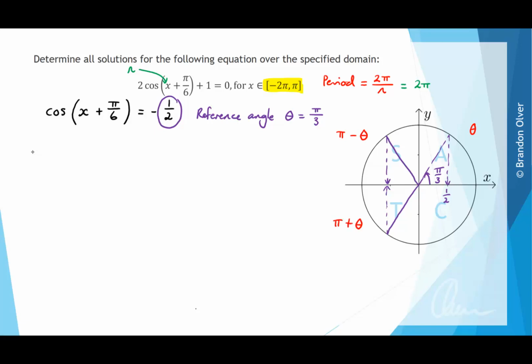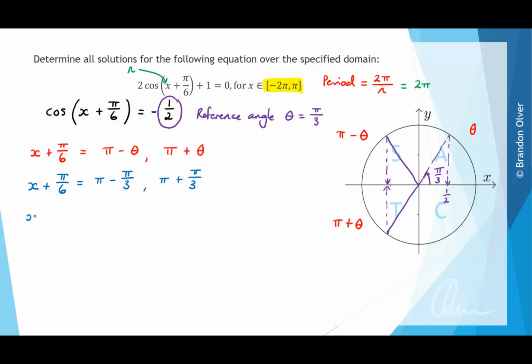And this means that we want x plus pi on 6 to equal pi minus theta, or pi plus theta. So substituting this in, we'll have x plus pi on 6 is equal to pi minus pi on 3, or pi plus pi on 3.